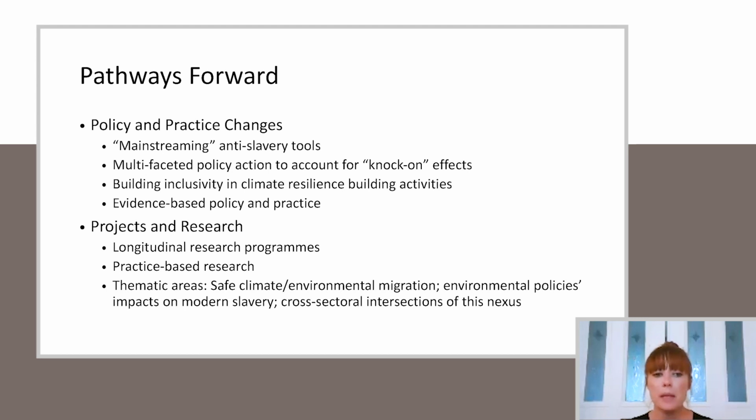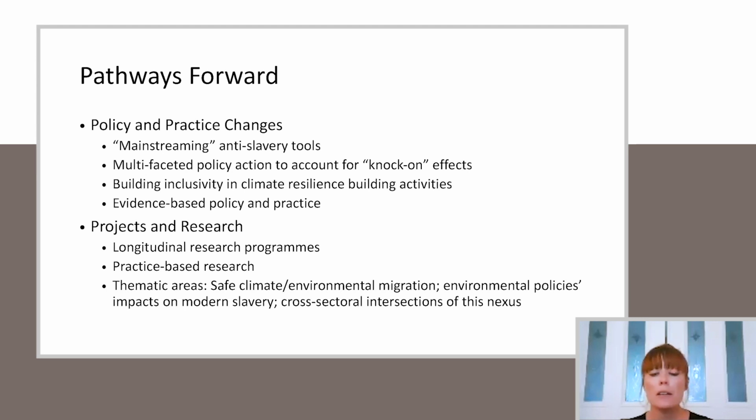Some of that migration may be voluntary, but a lot of it may also be forced. And so how do we make migration safe? In thinking about equitable resilience building with climate and environment, we really need to start thinking about migration as an adaptation and not a danger. And how do we make sure it's an adaptation and not a danger?